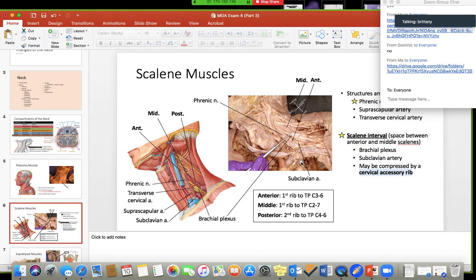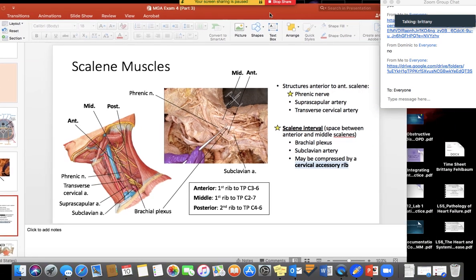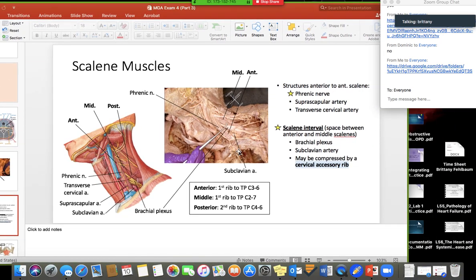Next we have the scalenes, and what you want to realize here is that these are a very important landmark. Between the anterior and middle scalenes, you have what's known as the scalene interval, where you'll find your brachial plexus and subclavian artery. For me, when I was nervous in a practical, sometimes I had trouble orienting myself. So this is one of those things that you can look for to try to establish where you're at.